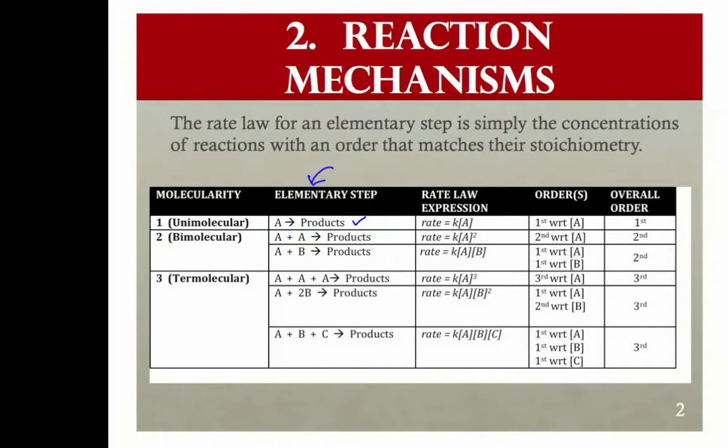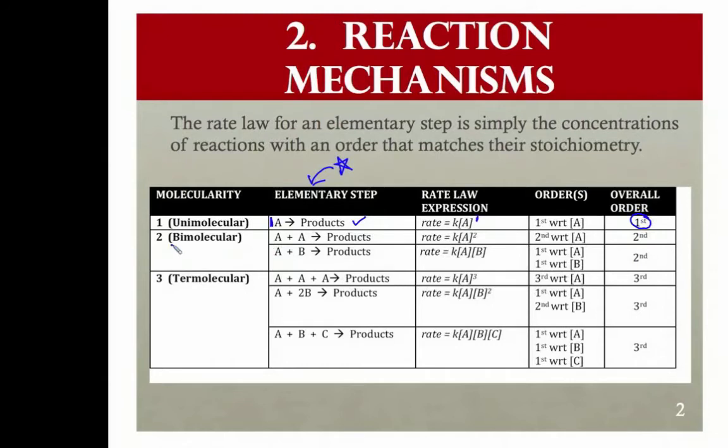Now we can obtain a rate law, and since that's a 1 there, and since it's elementary, I can say the rate is equal to K times A to the first. And I would call that first order with respect to, that WRT is with respect to my molarity or concentration of A, and the overall would be first.